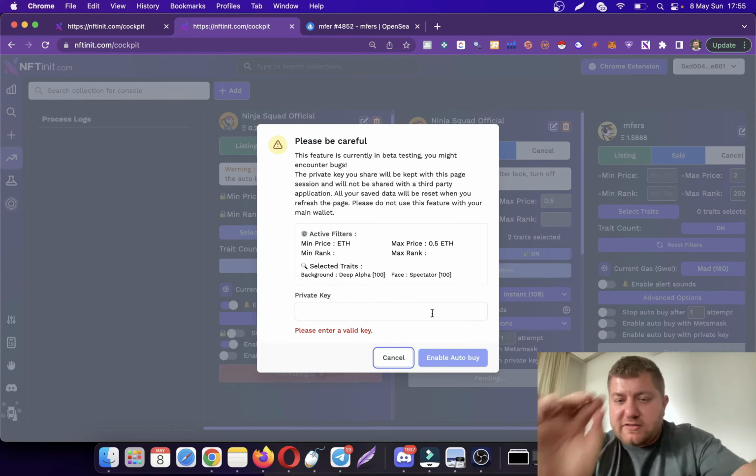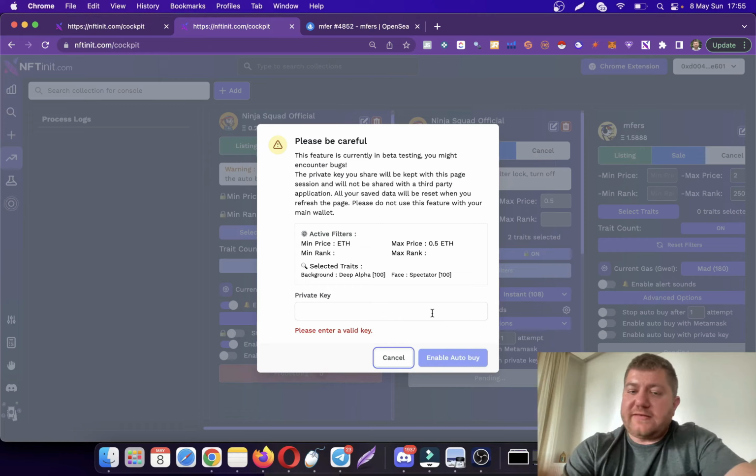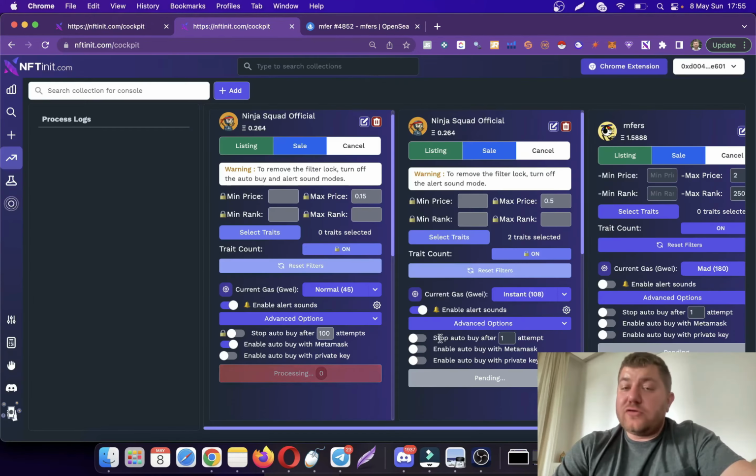So you have to make sure the filters are correct, the trades are correct, and I would say it is probably a smart thing to toggle the stop auto buy feature on. Otherwise, the system is going to just keep making purchases. Maybe you set something like 3 or 5, whatever.